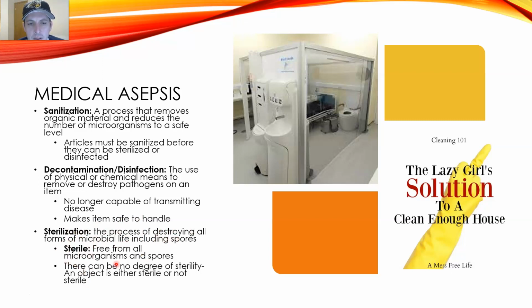And the important thing to understand here with this is a continuum. There is a continuum of cleaning. But sterile means that it is free from all microorganisms and spores. So there is no degree of sterility. It is simply sterile or not, right?